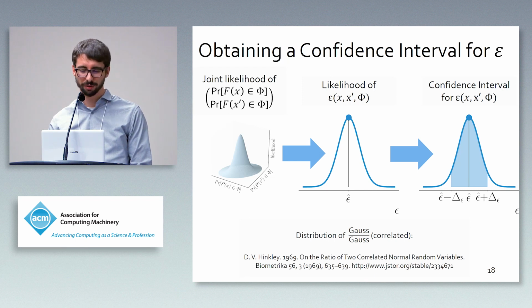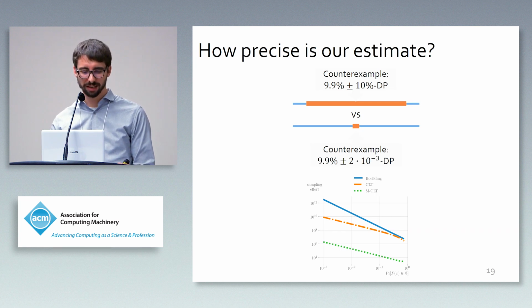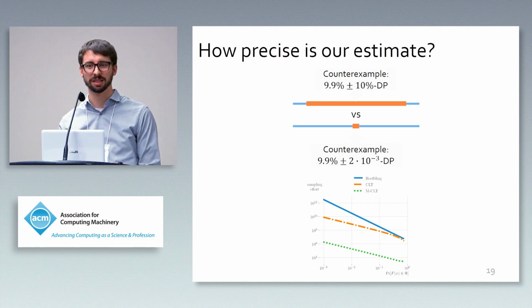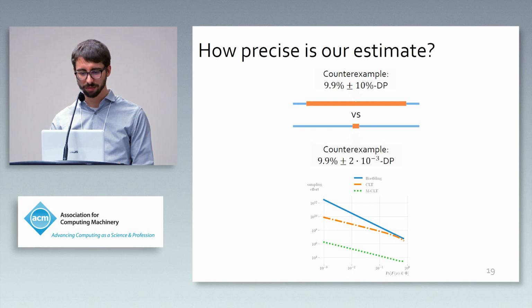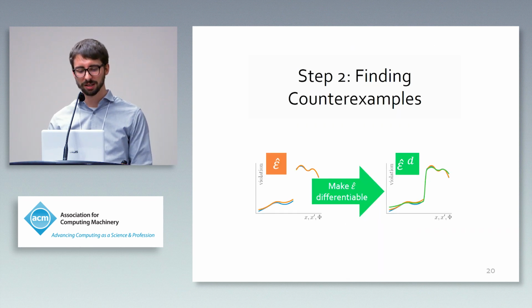So what you should take away from this part of the talk is that precision is important, and depending on the technique we use, we can reach the same precision using orders of magnitude differences in the sampling effort.